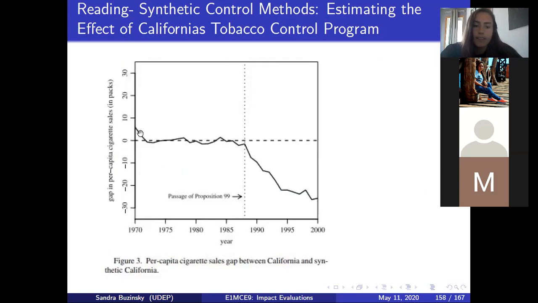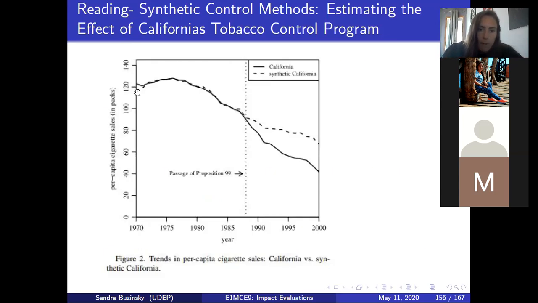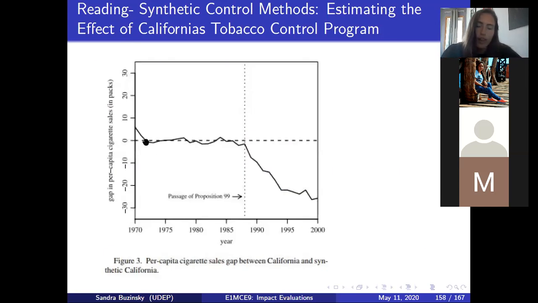So you can see that's the difference between California minus the synthetic control. Right, so it's California minus synthetic control. And you can see almost perfectly pre-treatment, it's pretty close to 0. Sometimes it's a bit higher, sometimes it's a bit lower, but on average it's very similar. And then you can see a huge drop at the time of policy.